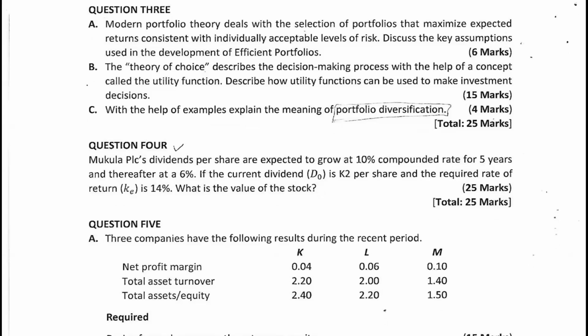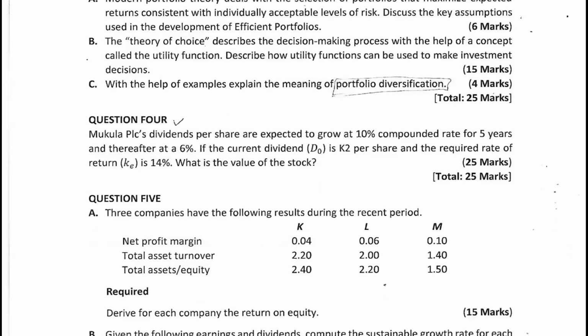So the first 5 years, 10%, then thereafter 6%. Now, in the current year, D0, you're told that 2 kwacha is the dividend per share. So the current dividend per share is just 2 kwacha.